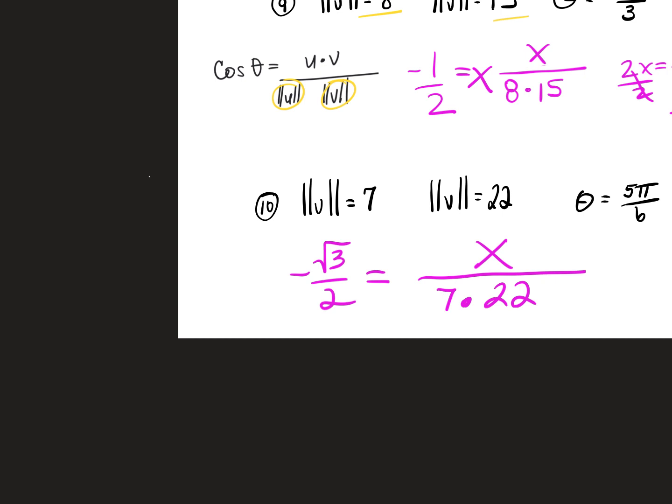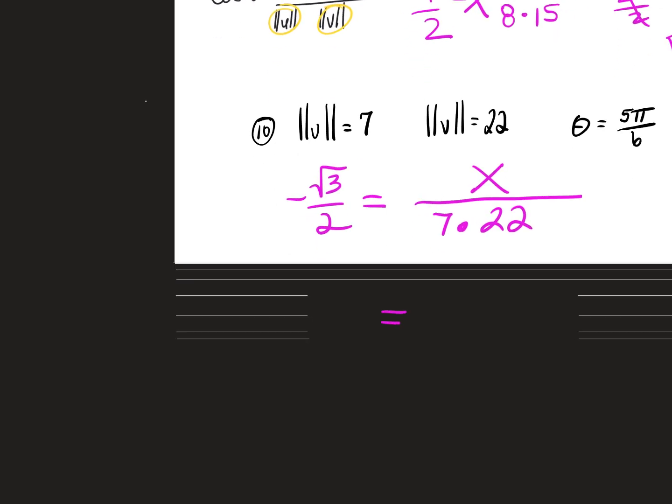Guys, an exact value has, can you get an exact value? Can you multiply 7 times 22, that's negative 154, and then times it by the square root of 3 and get an exact number? No, this is just negative 154 times the square root of 3. We've done that a million times, guys. And then I have 2 times x.